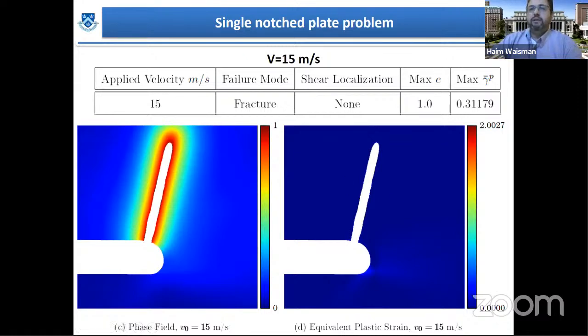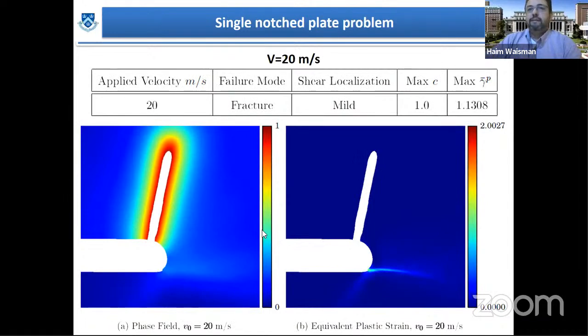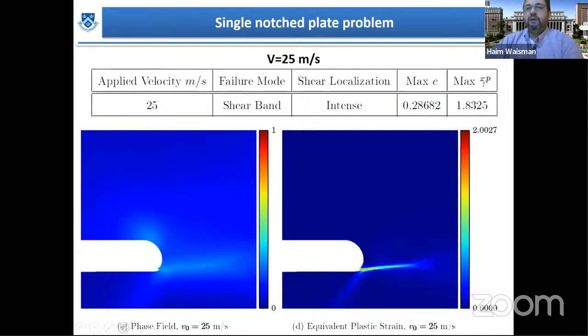Increasing the speed further to 20 meters per second, suddenly we see a combination of brittle fracture and strain localization at the other part of the tip. And then, interestingly enough, increasing the speed of the projectile further, suddenly the brittle fracture disappears, and the only mode of failure is shear banding.